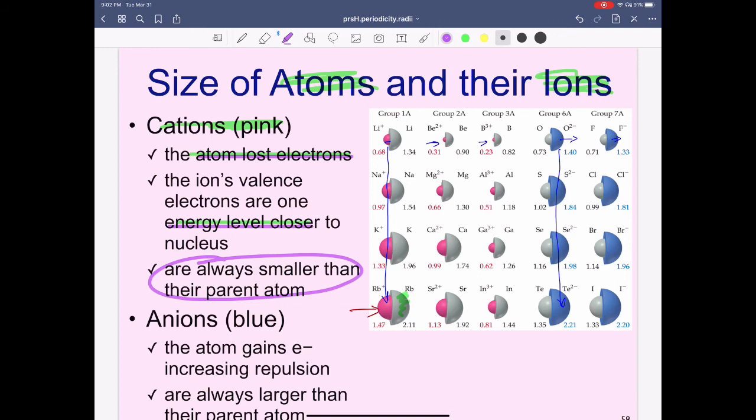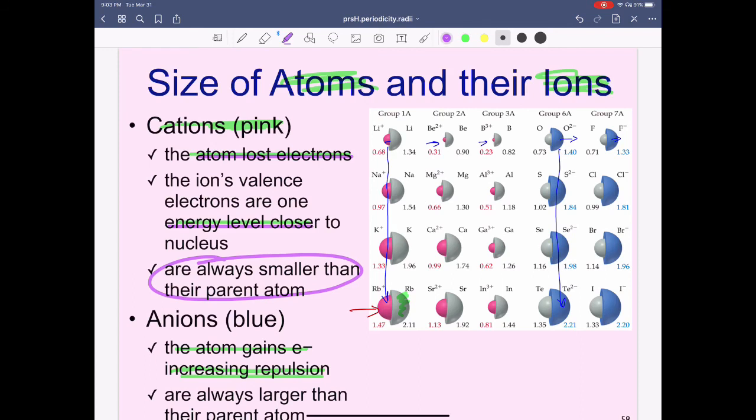Opposite with the anions. Anions are in blue, as you saw, and an electron is gained, which increases the repulsion. We have not changed the number of protons. If it's an oxygen anion, there's still 8 protons, but now 2 electrons have been gained, and those 2 extra electrons would cause increased repulsion.